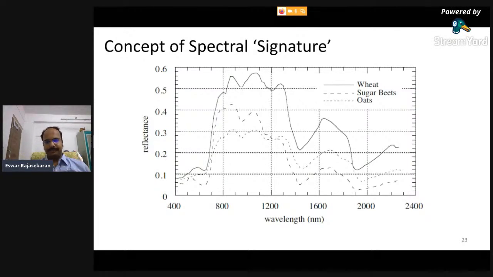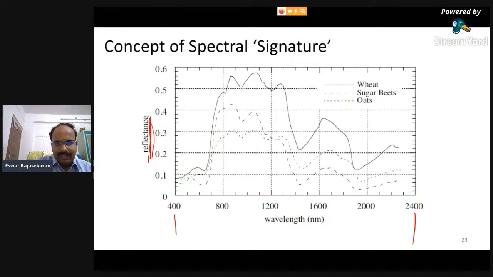In remote sensing, we can sense in a broad wavelength range. Here you can see we are sensing from 400 nanometers to 2400 nanometers. We see the energy coming out of the object. What fraction of the energy is reflected by the object is known as reflectance, on the y-axis.